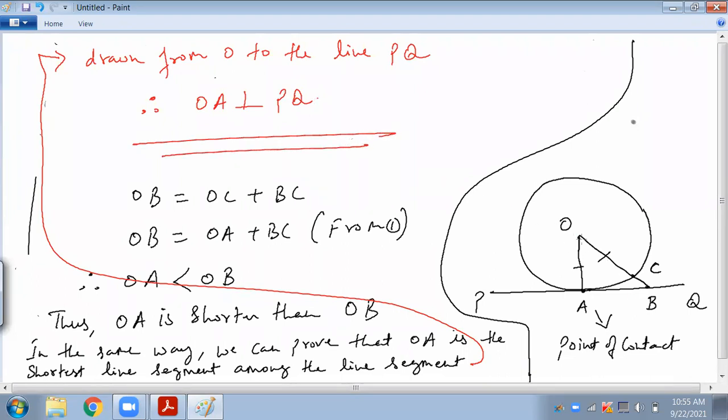So what you have shown here is that OA is the shortest line segment drawn from O to PQ, and the shortest line segment drawn from a point to a line is always a perpendicular.